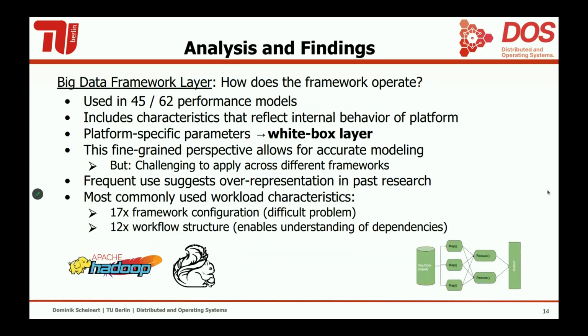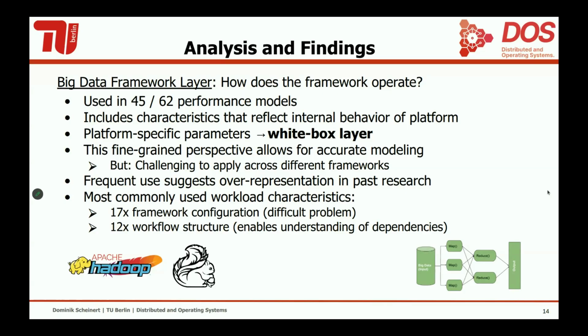So for the big data framework layer, the question really is, how does the framework operate, and can this be instrumented using these parameters? And here we saw that in 45 of these performance models, they used this big data framework layer. And this includes characteristics that reflect the internal behavior of the platform.